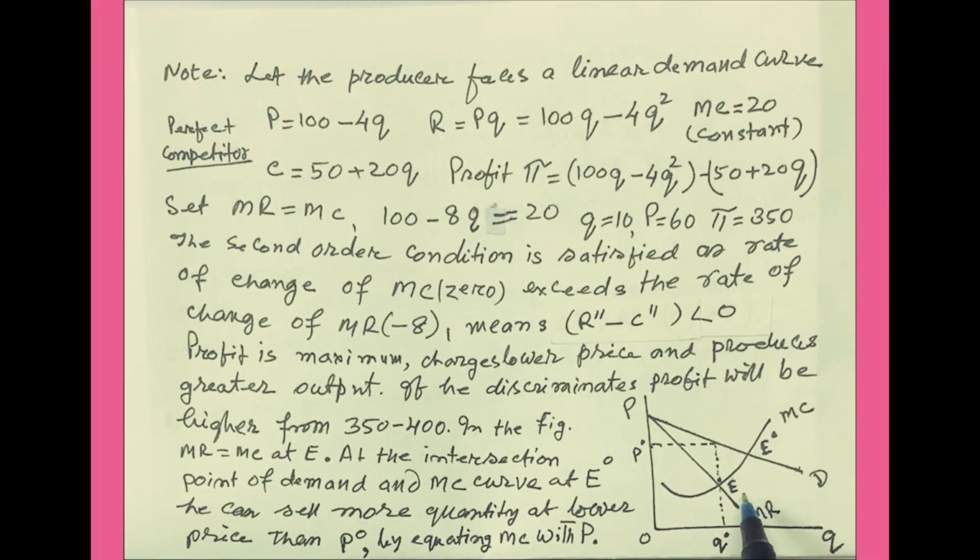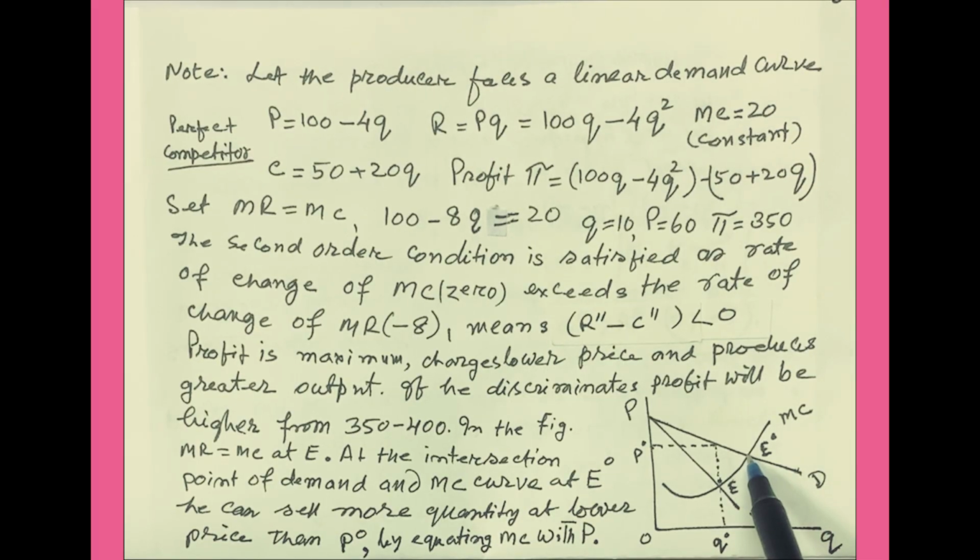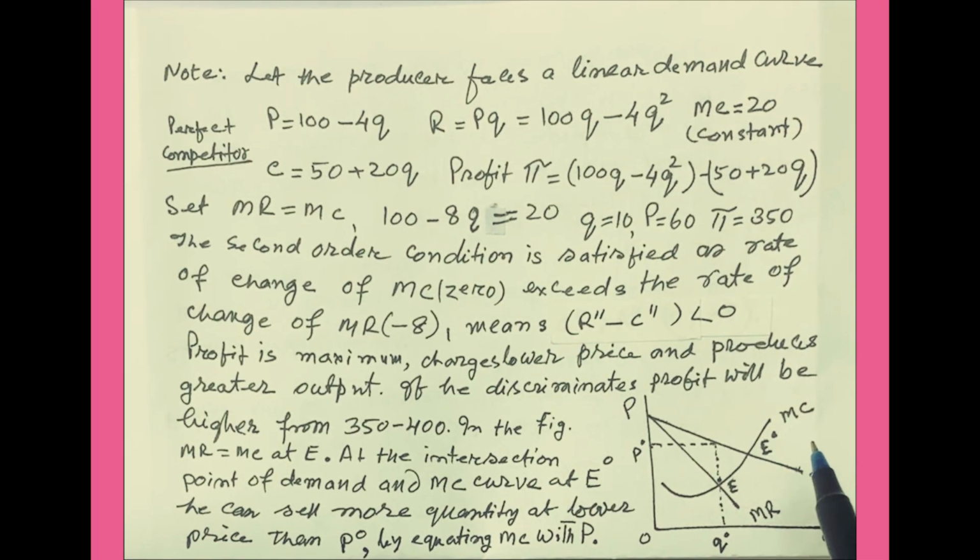At the point E, marginal revenue is equal to marginal cost. Then E naught is the point of intersection of the demand and marginal cost curve.